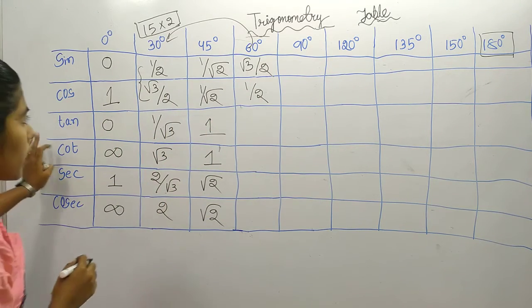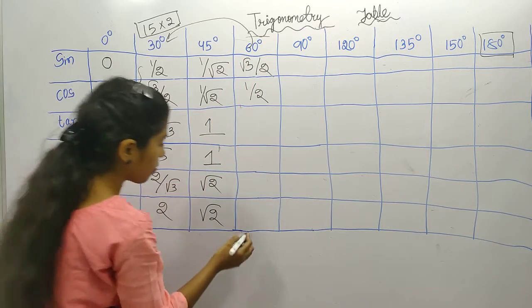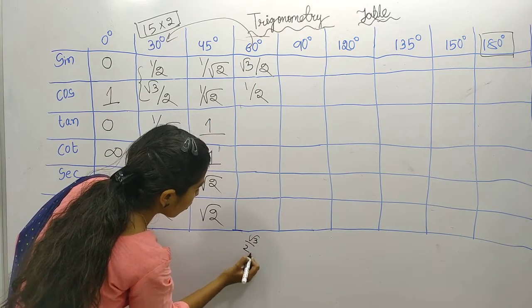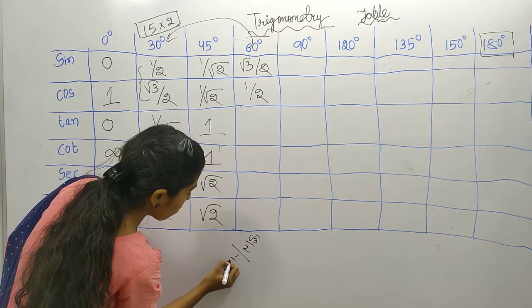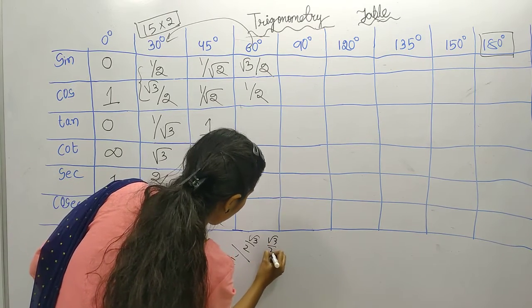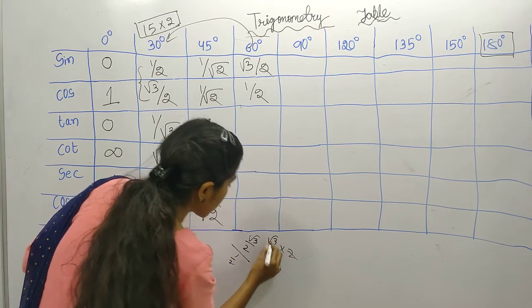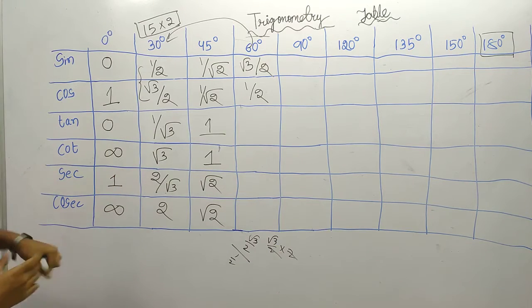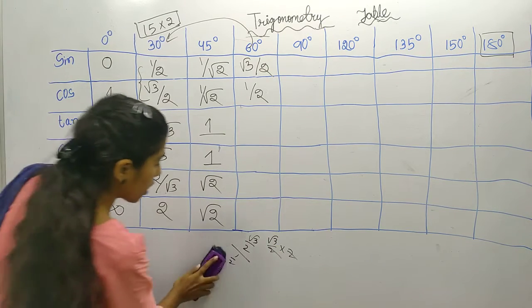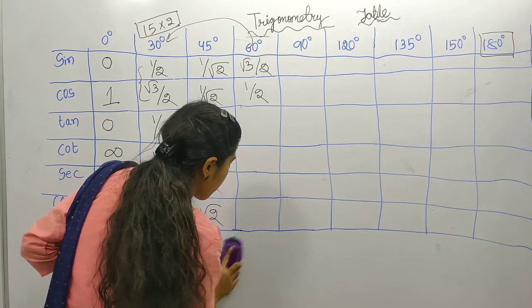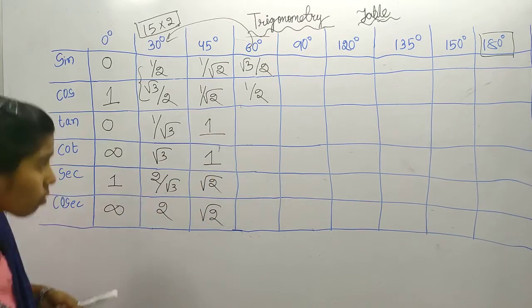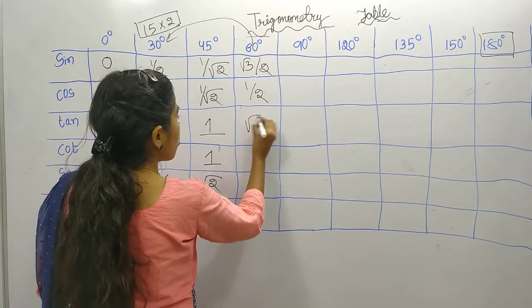So, we have only interchanged the values of sin 30, sin 60, cos 30 and cos 60. Now, same tan is sin by cos, root 3 by 2 divided by 1 by 2. So, root 3 by 2 into 2. 2 to cancel. So, tan 60 degree value is root 3.